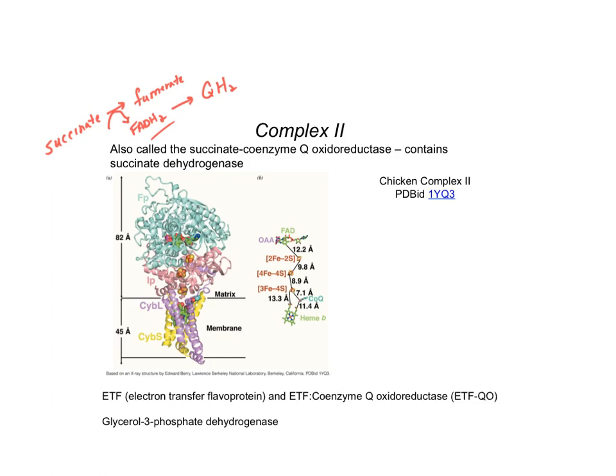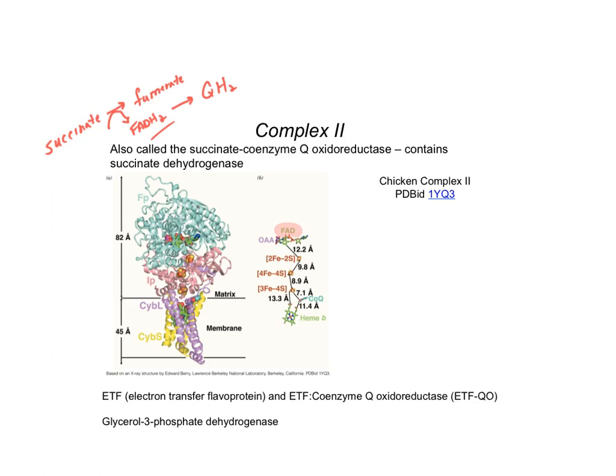We're going to have our FADH, and it is going to bind to the matrix side. So we're on the matrix side of our complex 2. Again, it can be a 1 and a 2-electron transfer protein.